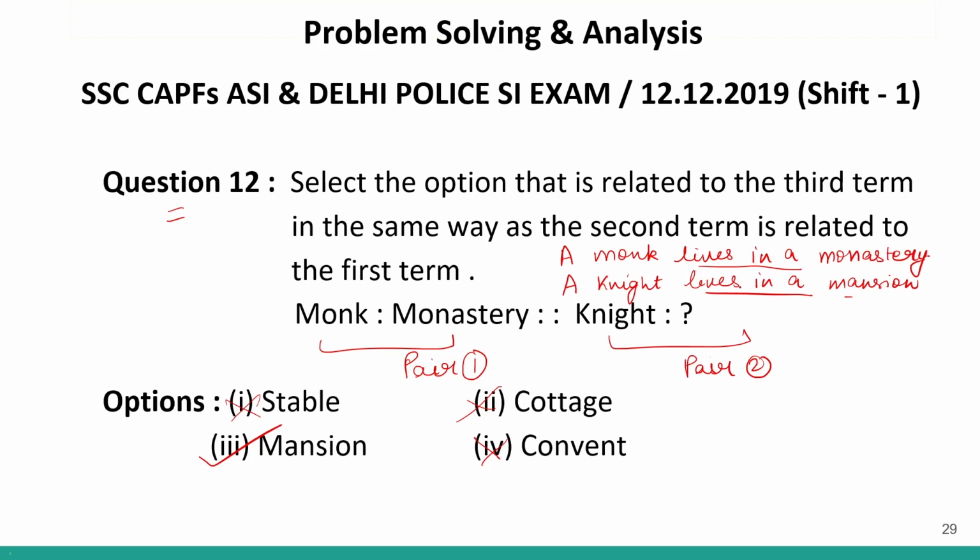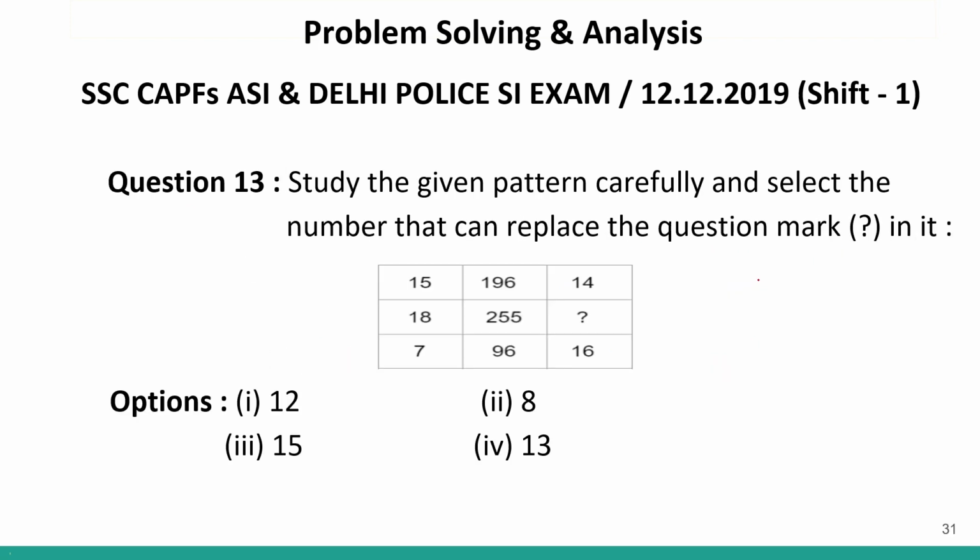Okay. Now let us move on to question number 13. Question number 13, again a question of logical grids. So, logical grids, I told you that either you can get a 3 into 3 grid, you can get a 4 into 4 grid, or you can get a 4 into 3 grid. This is what we discussed. These 3 possibilities are there for your logical grid questions.